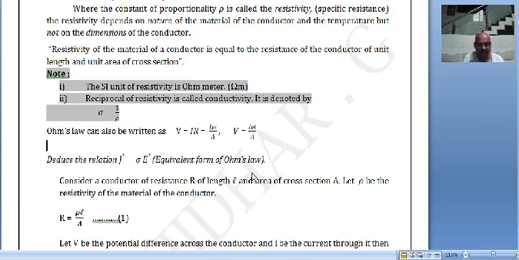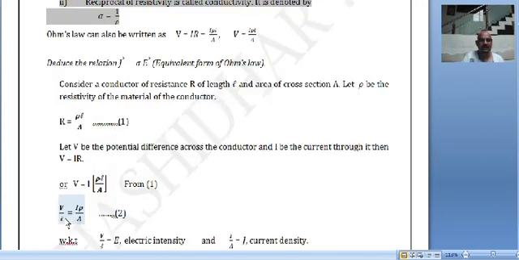First look at this derivation. It is very simple. Now R is equal to rho L divided by A. You know this. V is the potential difference across the conductor and I is the current.